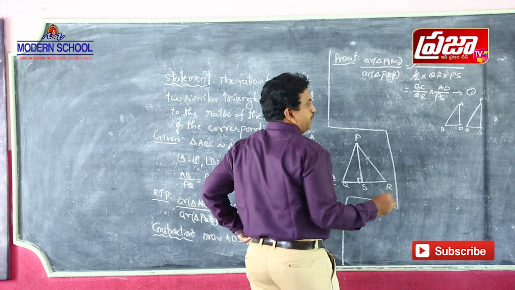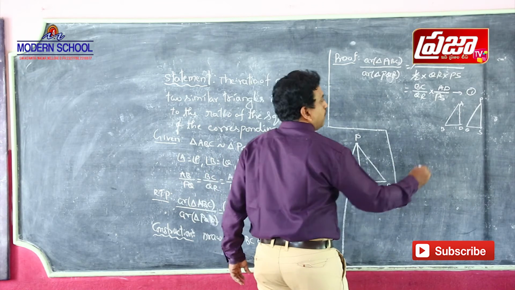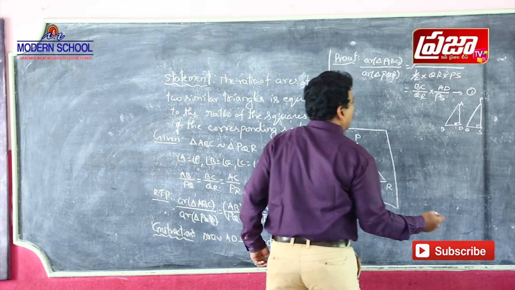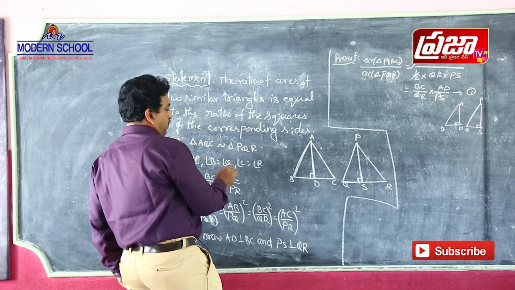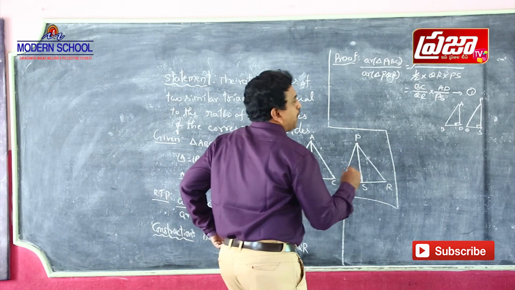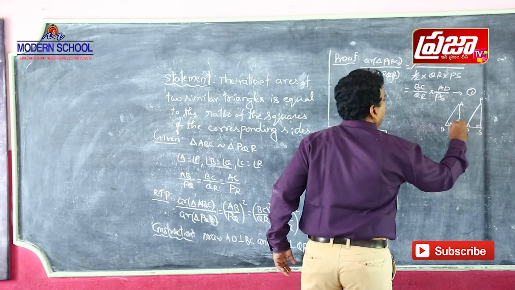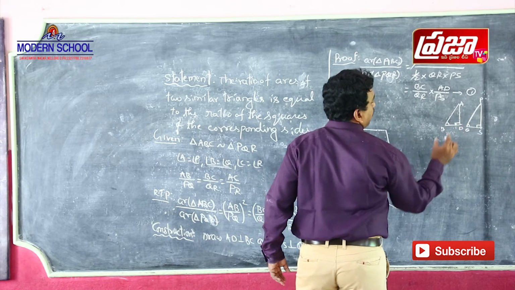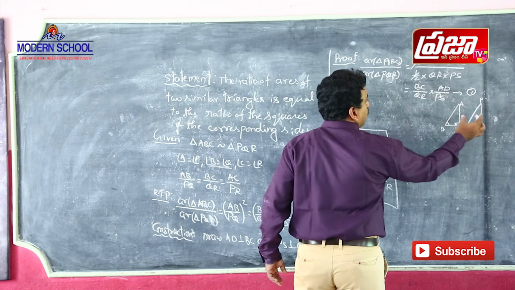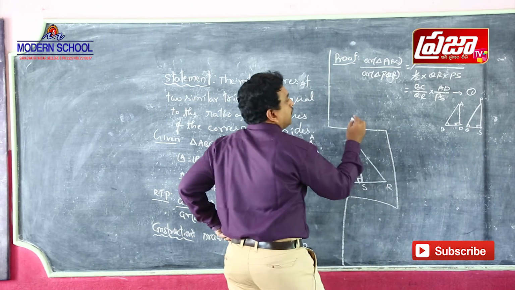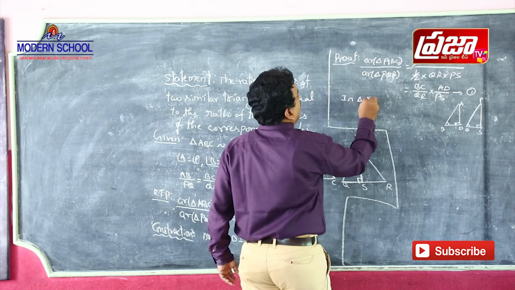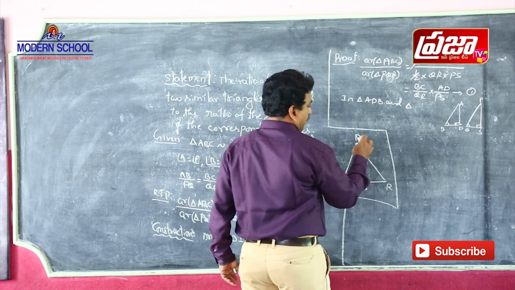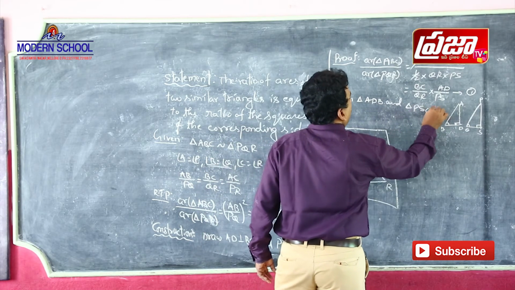In these two triangles you can observe that angle ADB is 90 and angle PSQ is 90, and moreover angle B is equal to angle Q. So in these two triangles, two angles of one triangle are equal to two angles of another triangle.